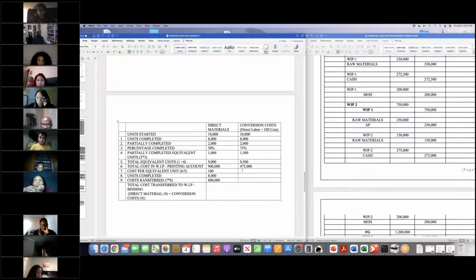So what's our cost per equivalent unit on the conversion cost? 50. 8,000 complete. So how much cost are we transferring out? 400,000.